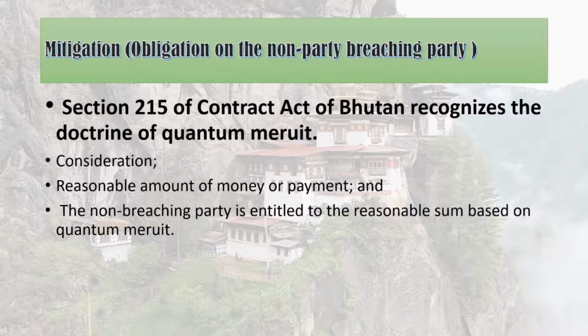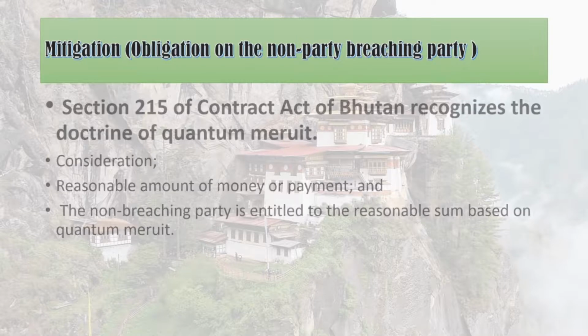So there is no definite or fixed definition of reasonable sum. That means it is subject to the value of the services rendered. It is subject to the value of payments that is made, and that is why it may be understood as a sum of money which is commensurate with work done, services rendered, or goods supplied under the ordinary circumstances.